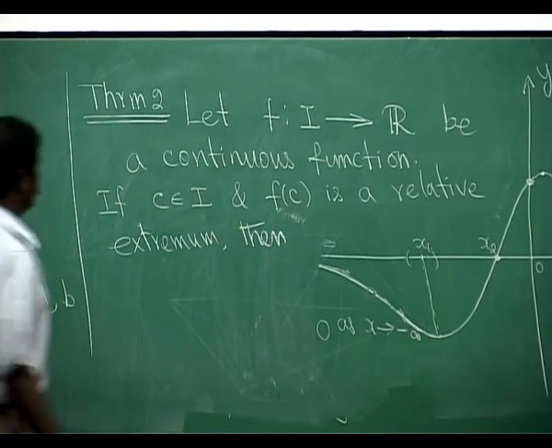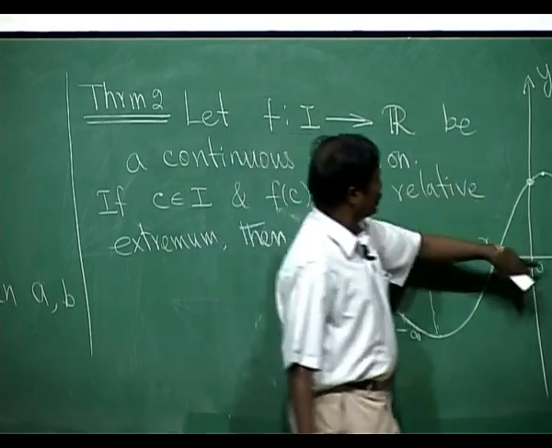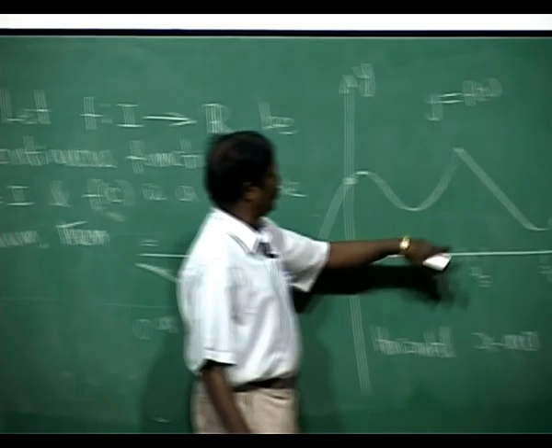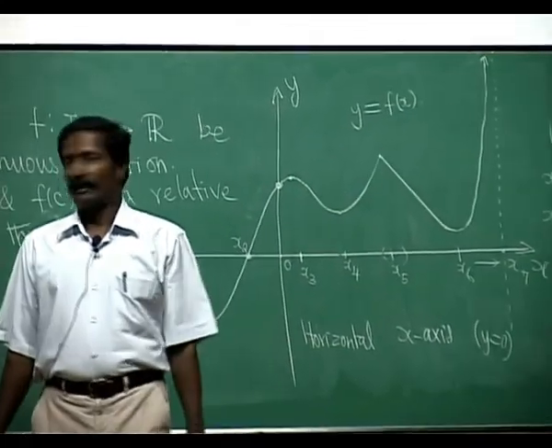At this point we have a local minimum, at this point we have a local maximum, and all those things. Then what should happen?